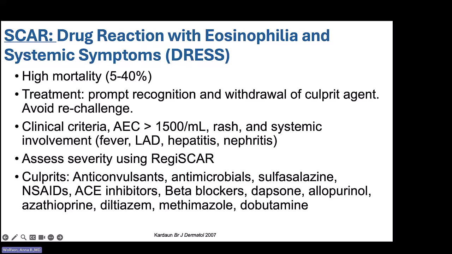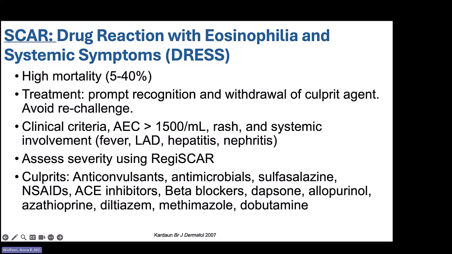And this is a situation in which one is advised to avoid rechallenge generally for the rest of their life. The clinical criteria is based on a series of different symptoms, including an absolute eosinophil count of greater than 1,500, the presence of a rash and systemic involvement such as fever, lymphadenopathy, hepatitis, and nephritis.